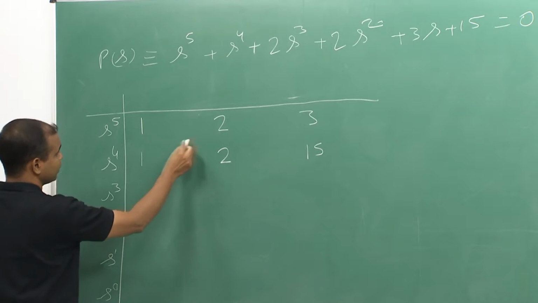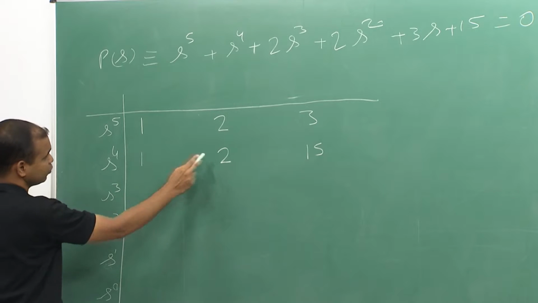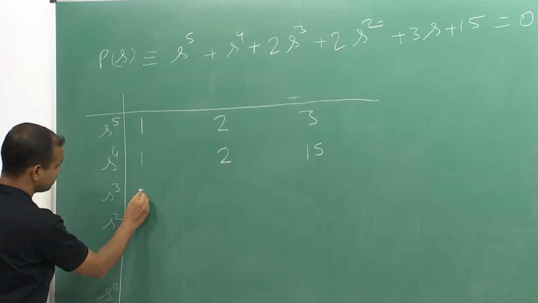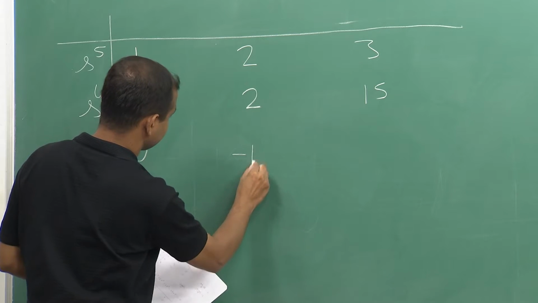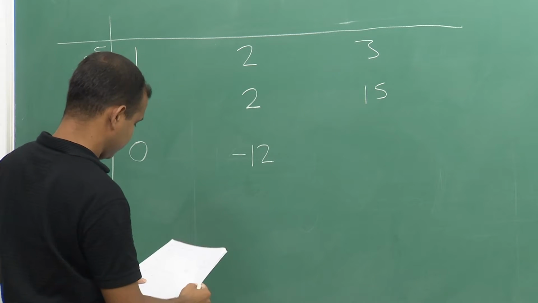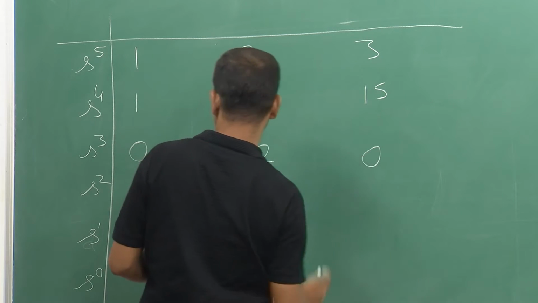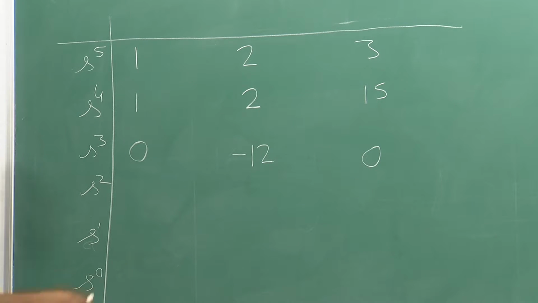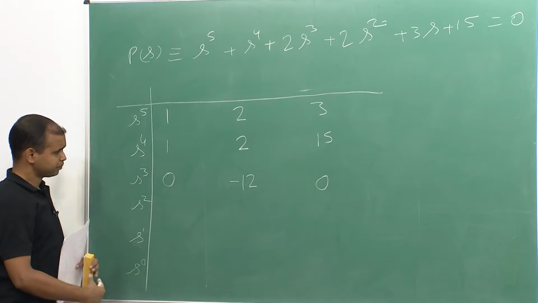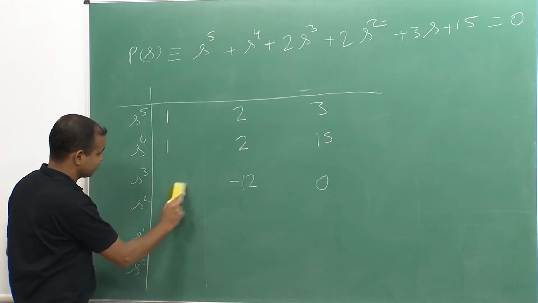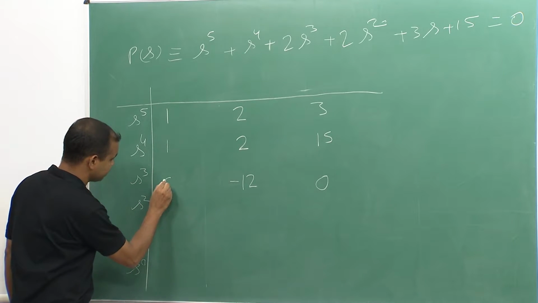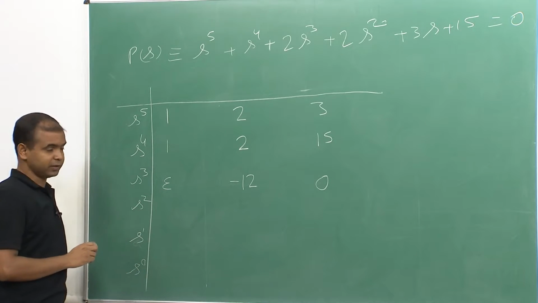Here 1 into 2 minus 2 divided by 1, so this will be 0, minus 12, and the term here I will get is 0. So, if we are getting a 0 in the first column, we will replace it with a very small positive number and further we will proceed our calculation. So, you will replace it with the small positive number, that is epsilon.